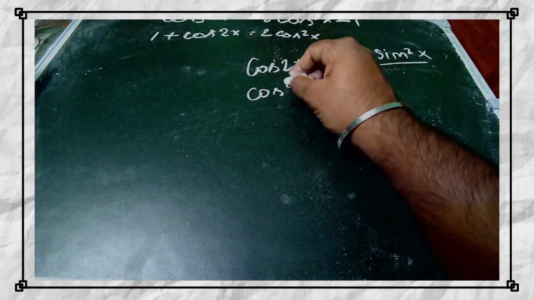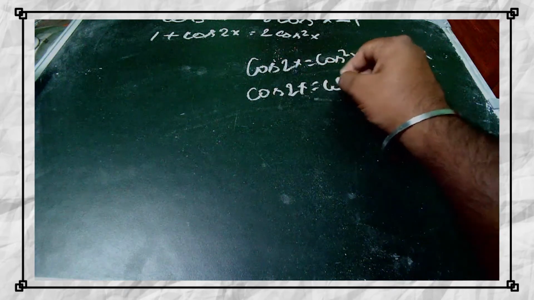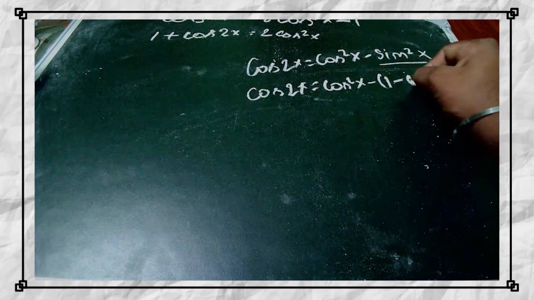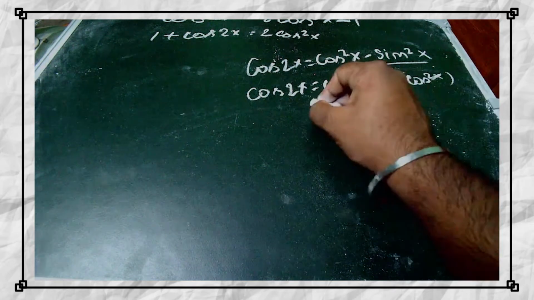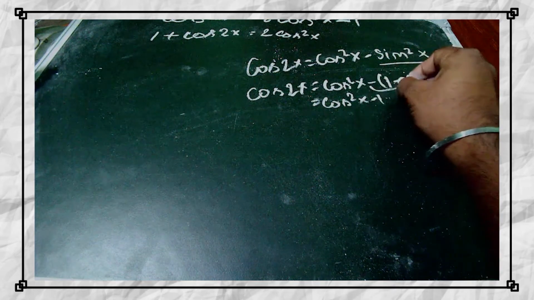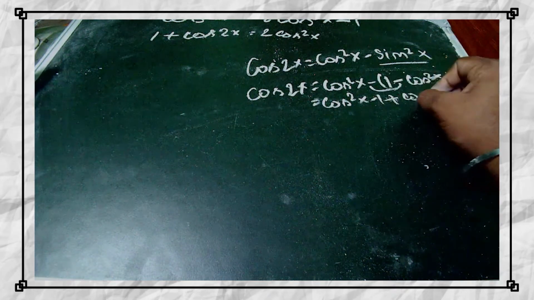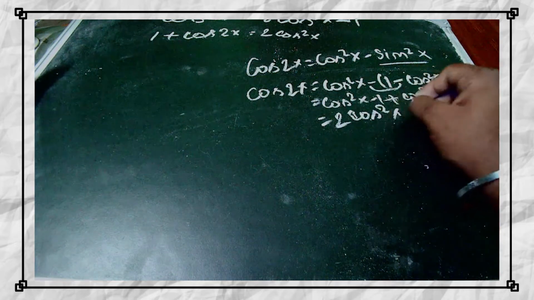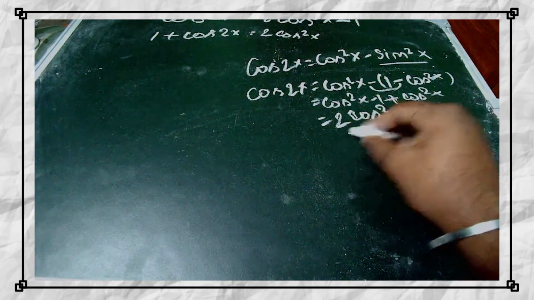So cos of 2x will be equal to cos square x minus, and sine square x is 1 minus cos square x. So after opening the bracket, minus 1 and minus minus plus cos square x, which will be equal to 2 cos square x minus 1. So this was the derivation.